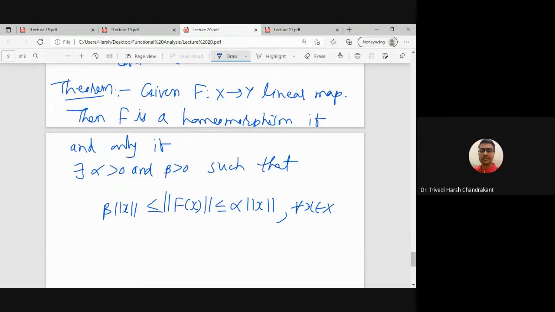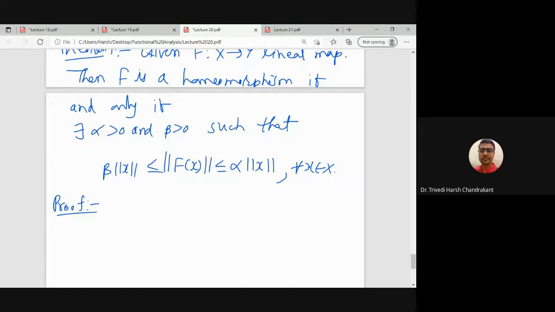So let us prove this; it is a very simple result. Let us prove the forward part. We will assume that f is a homeomorphism and we will find alpha and beta.